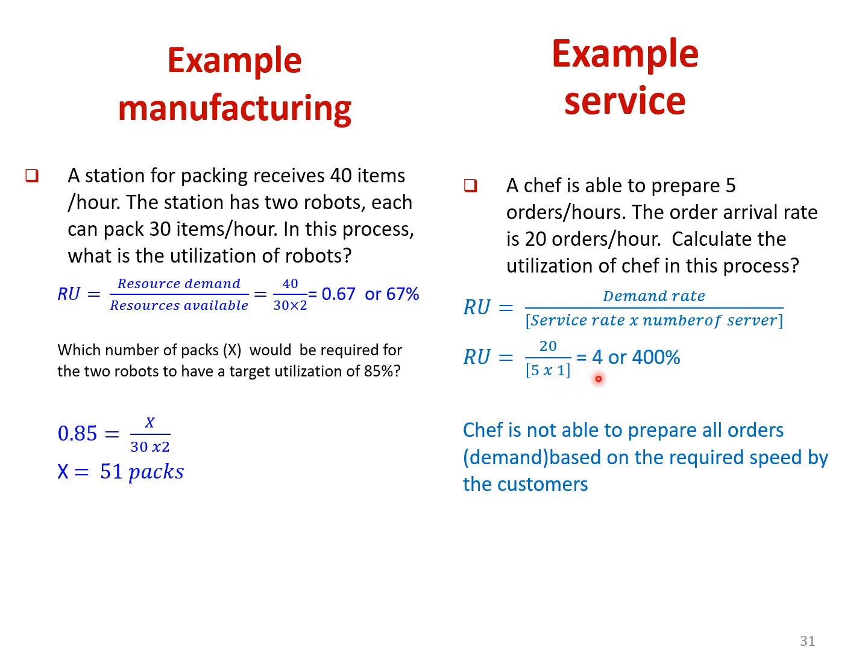So the utilization rate is 4, which is 400%. Therefore, there is no way that this chef is able to complete the task in the given time, because the utilization is more than 100%. Actually it is 4 times the capability of the chef.